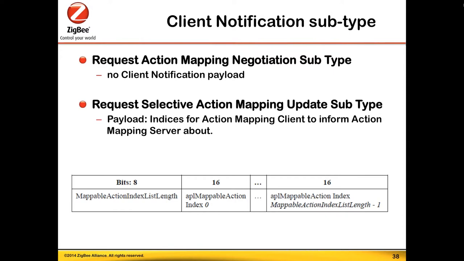Or you can decide you only want to remap a subset of the functionality, and you notify the client to update the mapping for that small subset. This obviously reduces the latency and reduces the power consumption, and we put in the flexibility to account for both.